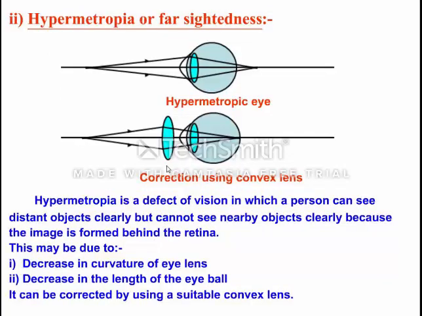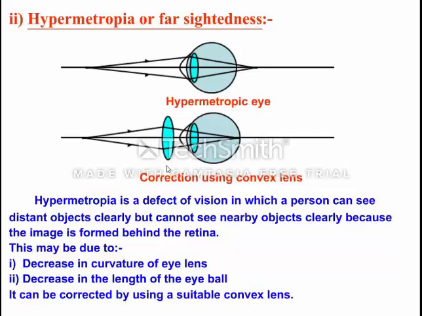Now the second is hypermetropia, which is known as farsightedness. Hypermetropia is the defect which is opposite to myopia. The far point is clear, but the nearby object is not clear.